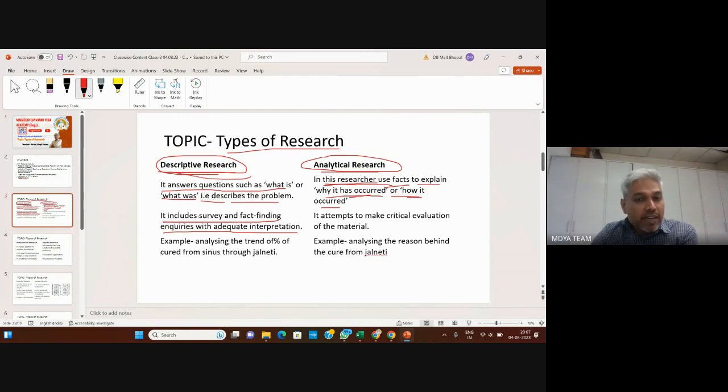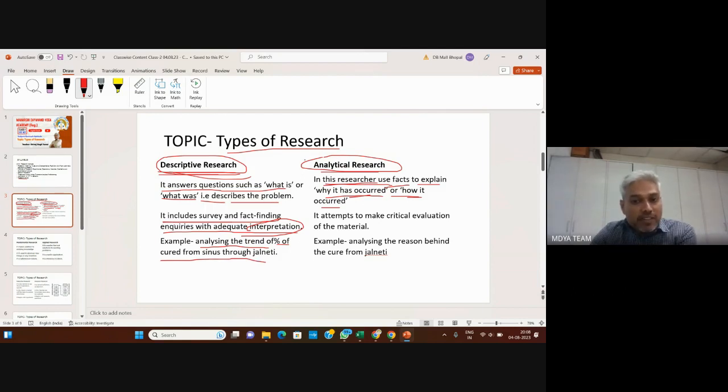Descriptive research includes survey and fact-finding inquiries with adequate interpretation, right? And the example of descriptive research is analyzing the trend of the percentage of persons cured of sinus through jalneti.